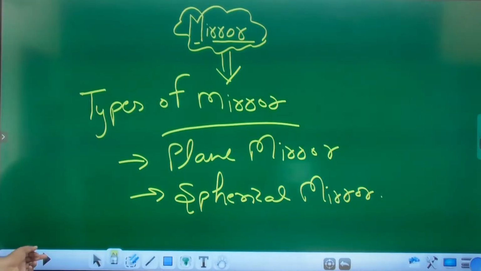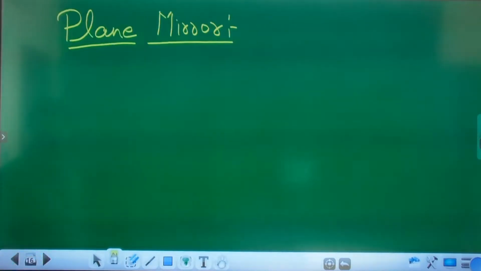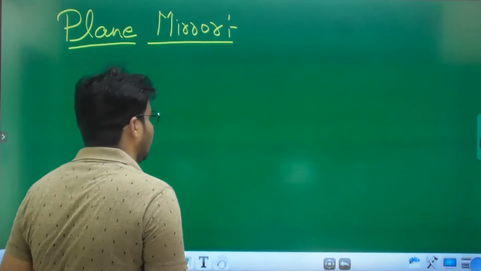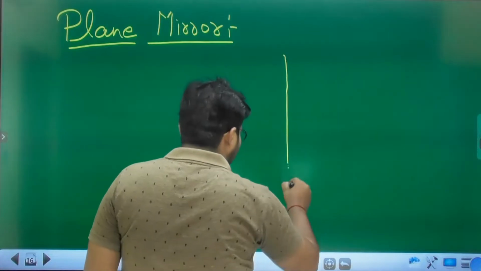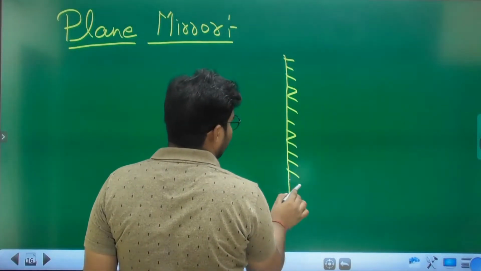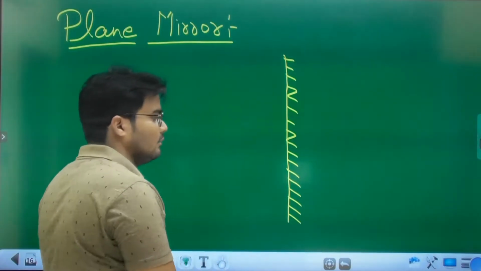Clear? We have to study the plane mirror. See, this is a mirror, and I already told you that the other surface is polished.